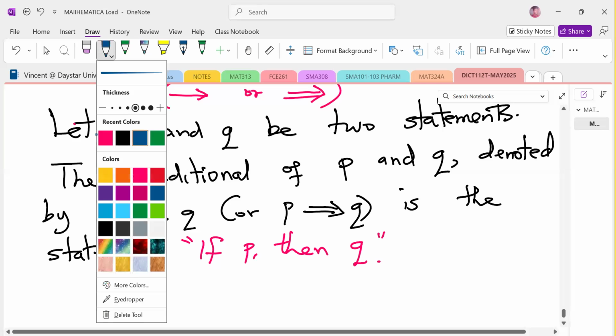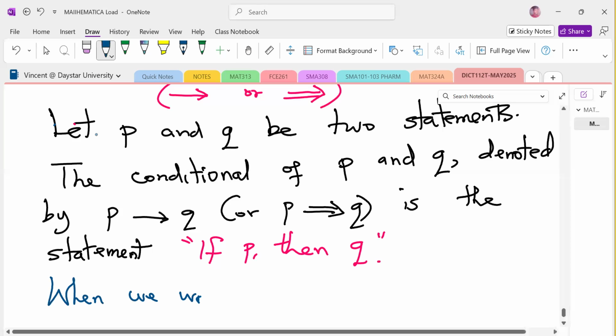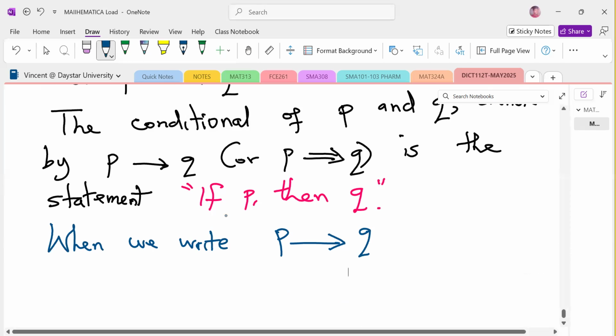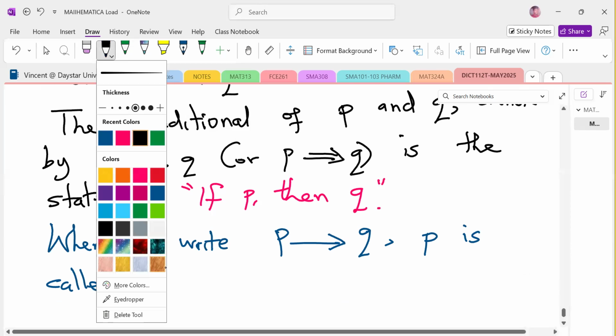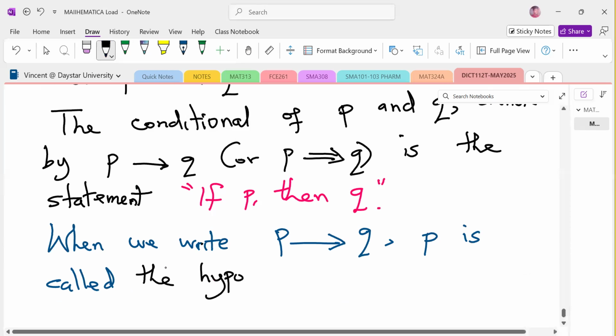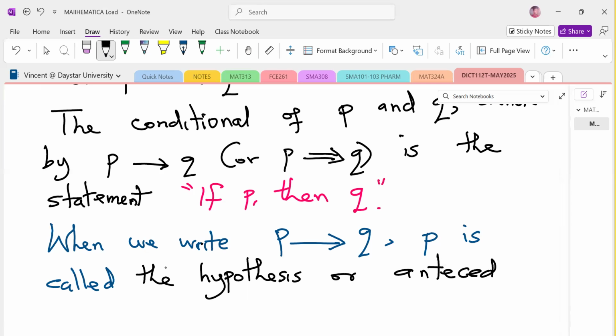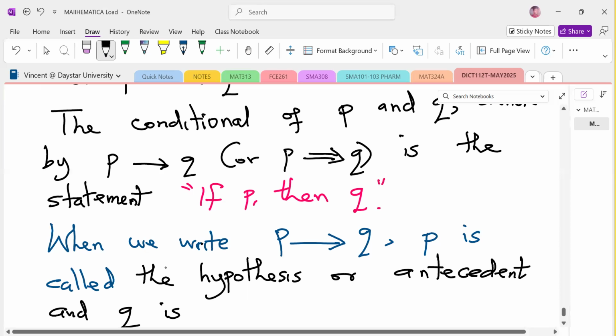And then, when we write this, P is called the hypothesis or antecedent, and Q is called the conclusion or the consequence.